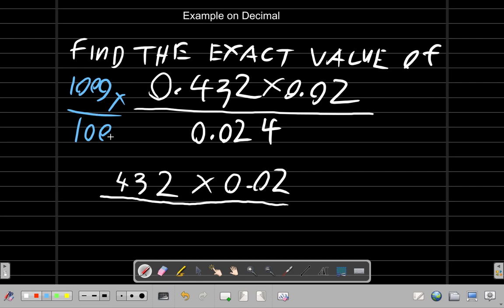So you need to take it back down 1,000 times to compensate. After all, 1,000 divided by 1,000 is 1, right? But anyway, here, you multiply 0.024 by 1,000 and you will get 24, right? So you have 432 divided by 24.